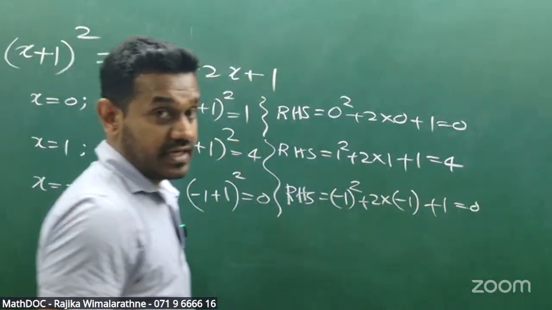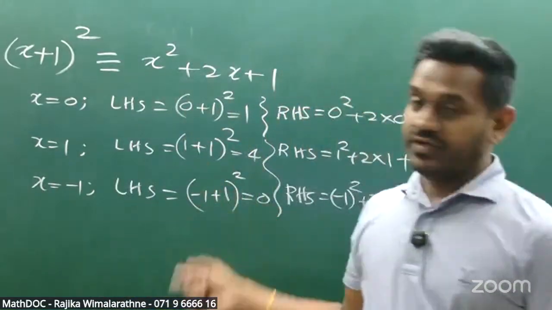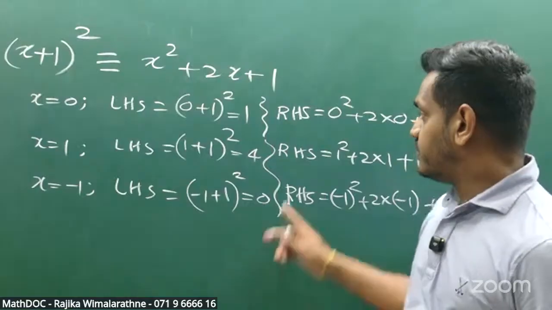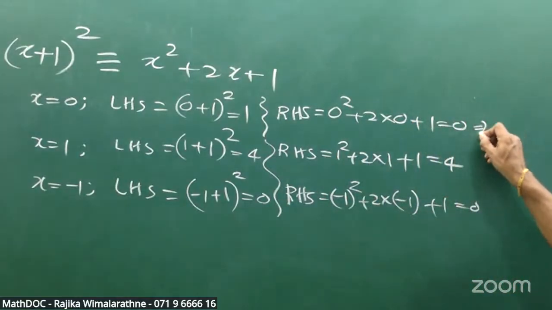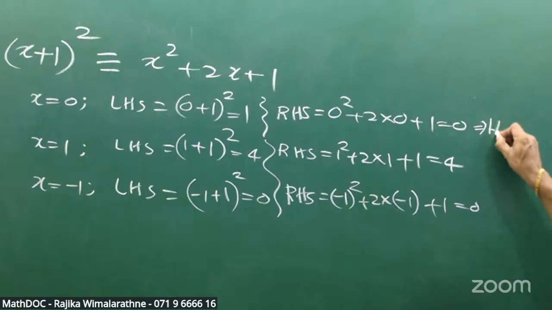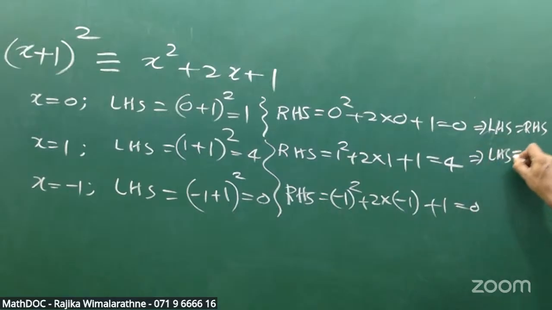So for any real value of x, they are the same, no? For each of these cases, left hand side equals right hand side.